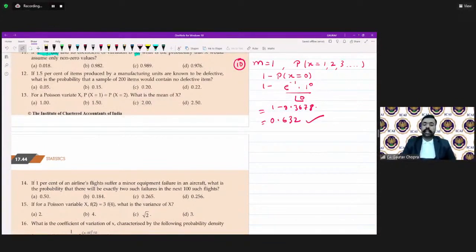What is the probability that a sample of 200 items would contain no defective item? No defective item. So you have to try this and give the answer. So 1.5% is basically probability. 200 is n. And what is our requirement? No defectives.